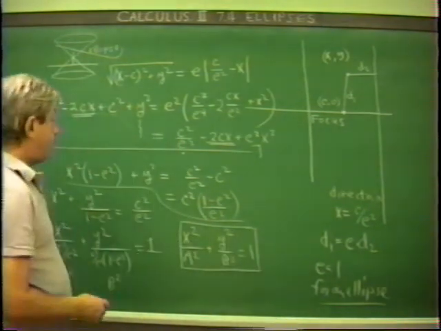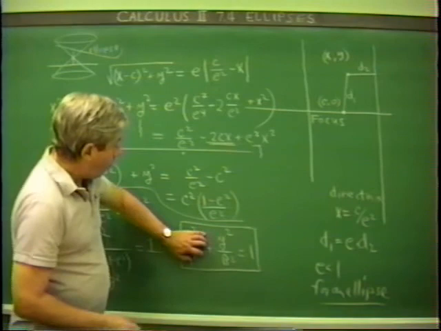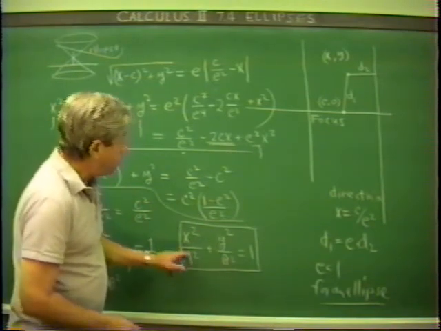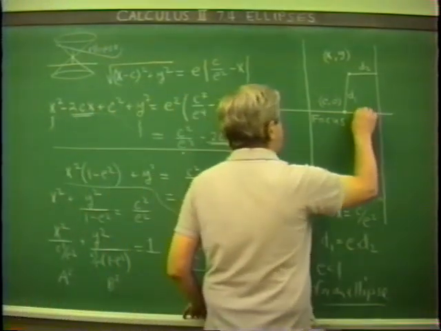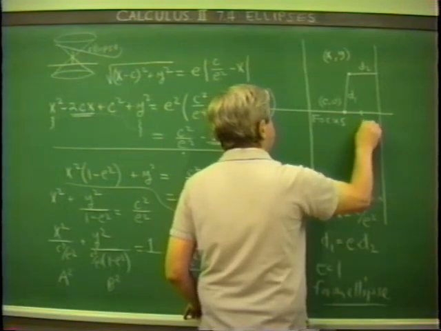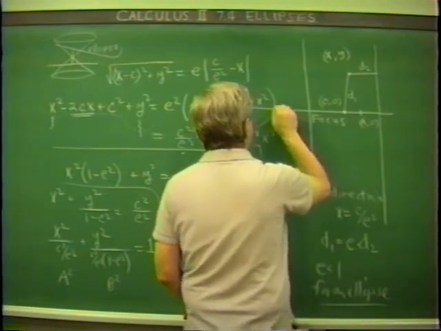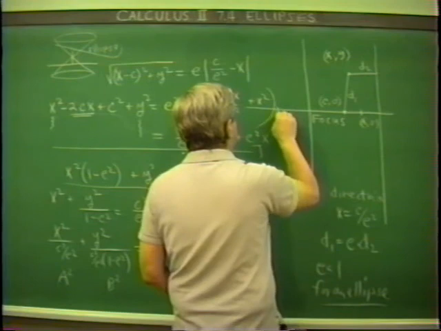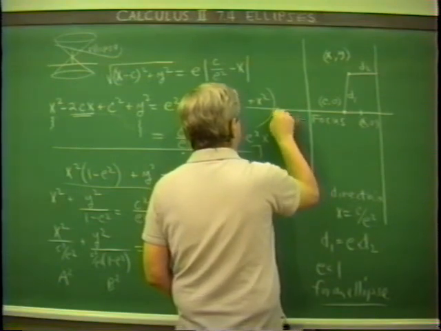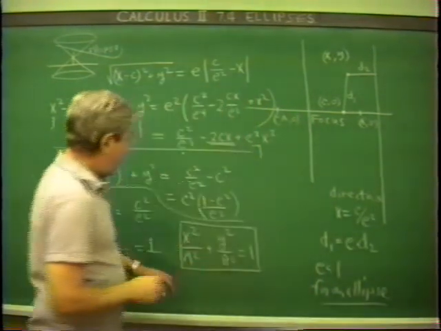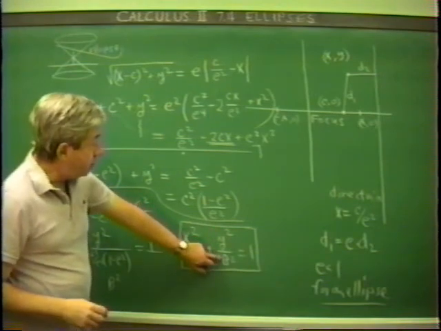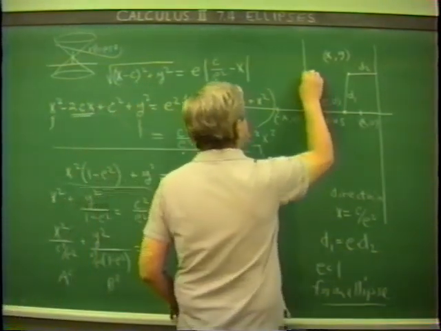Equation you've probably seen before. What this means is that when y is equal to 0 here, x is equal to plus or minus a. So this is the point a, 0 on the graph, and here's the point minus a, 0. When x is equal to 0, y is plus or minus b.